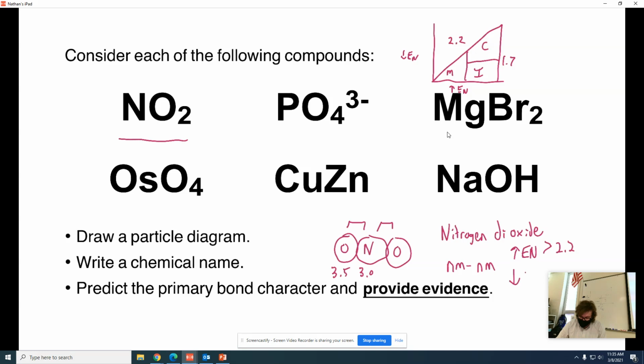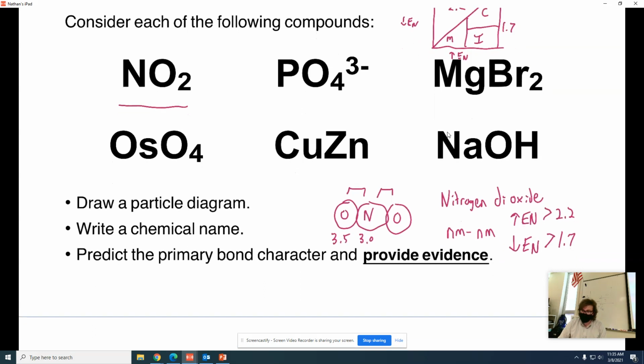Our less electronegative atom was also greater than 1.7. So this information all helps us conclude that we have ended up in the covalent category. So we've got two different pieces of evidence now. We've got the nonmetal bond and the electronegativity of both.